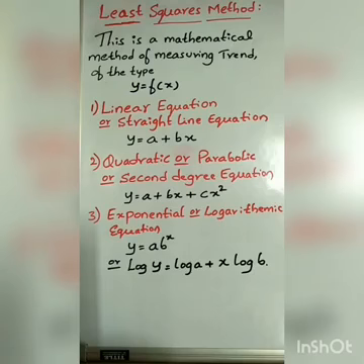Which were those? First one was graphical method, second one was semi-averages method, and the third one was moving averages method, and the last one is least squares method. In that, first 3 methods we had already learnt.